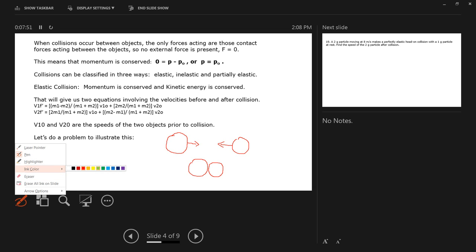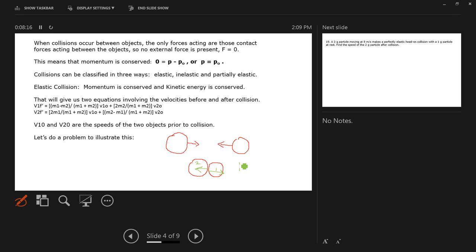have a different color. When they strike, ball 1 will exert a force on ball 2, if this is 1 and this is 2. But ball 2 will exert a force on ball 1 in the opposite direction, equal and opposite. Looks like this.